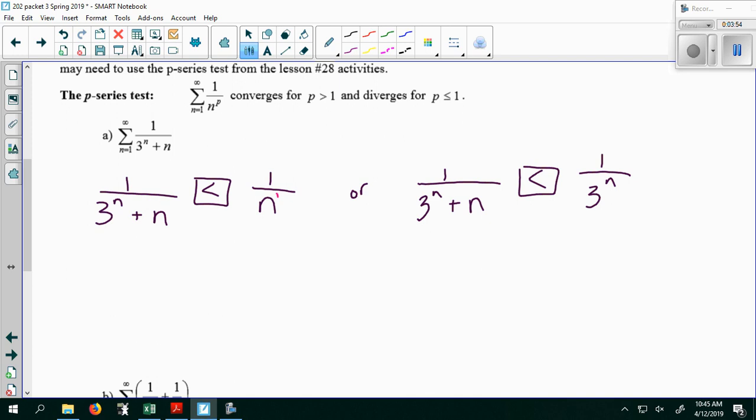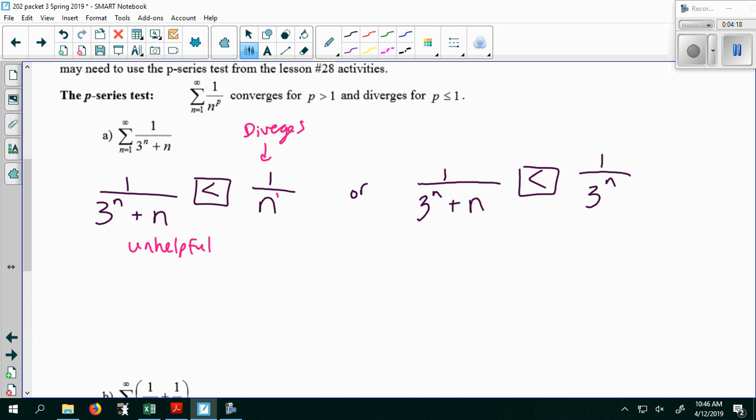My p is a 1 in this case, so this diverges. Being smaller than something infinite tells you nothing. It could be infinite and it could be finite. So this comparison is unhelpful. Being less than something divergent is unhelpful.